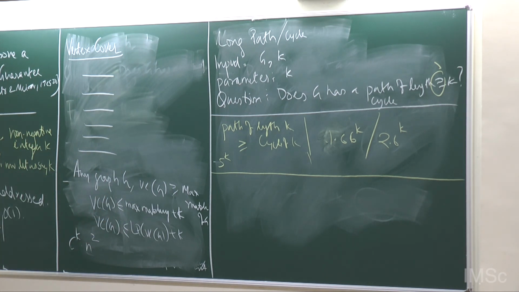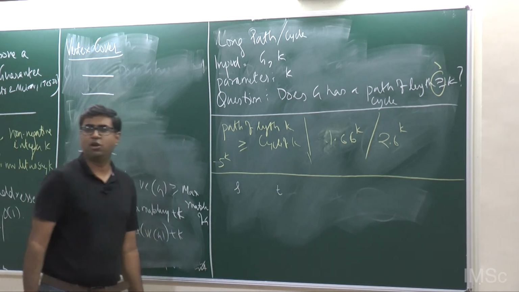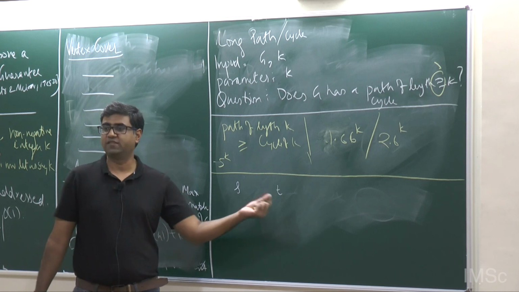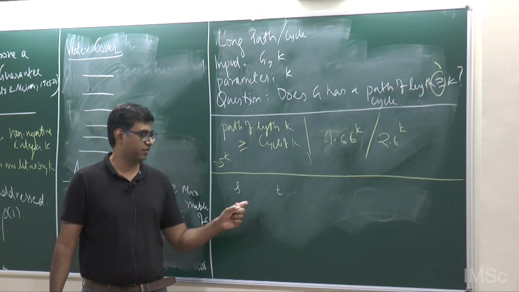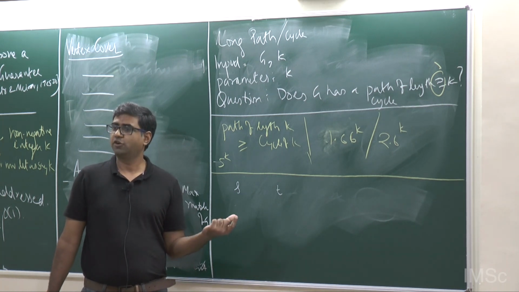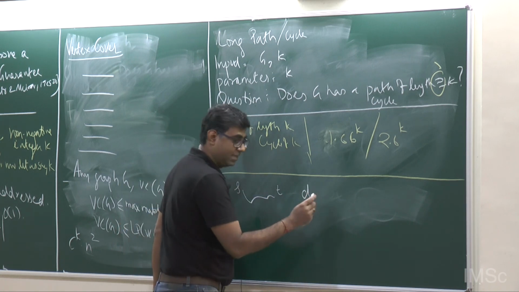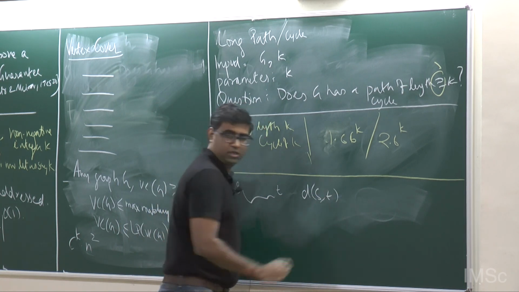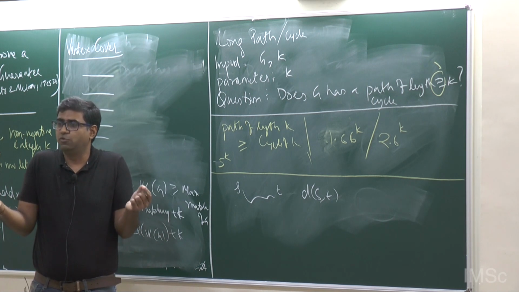So if I give you two vertices s and t in a graph, what is the natural lower bound on the length of a path between s and t? Any path between s and t should be of length at least how much? Shortest path, right? So d(s,t) definitely gives a lower bound on the path length which I'm looking for.